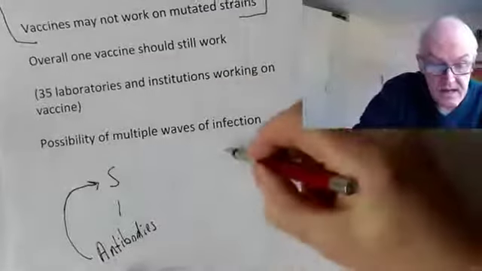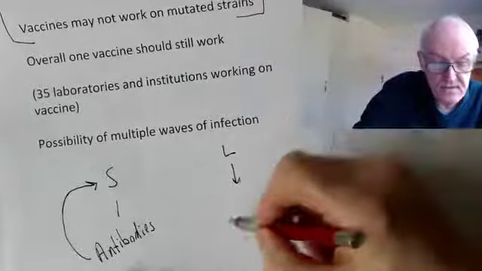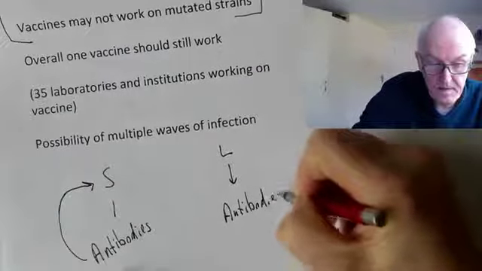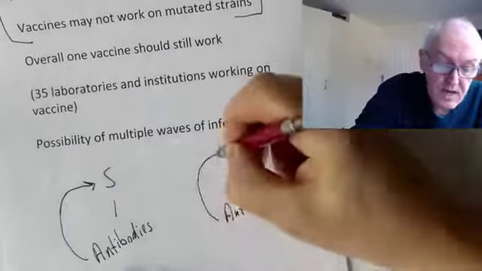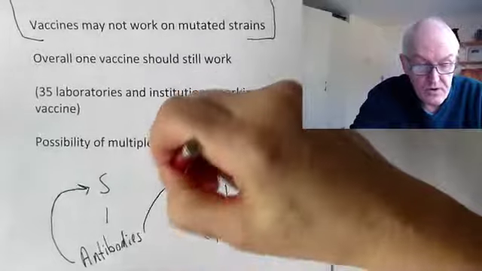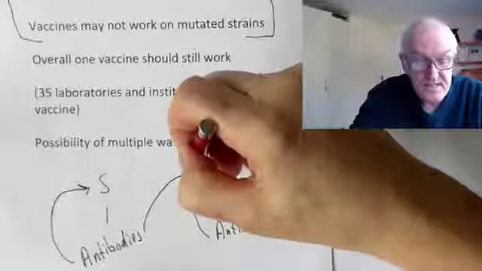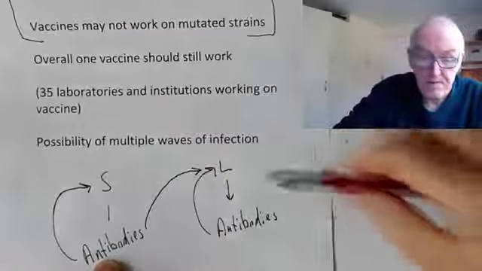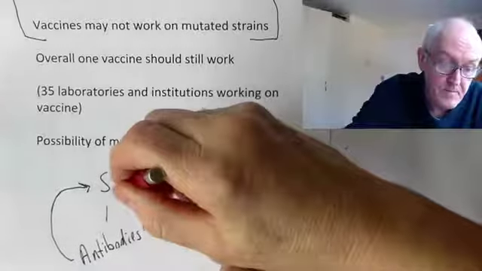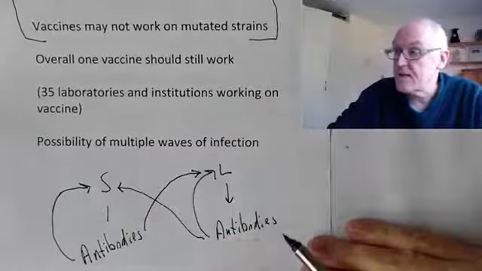But then the L type might have slightly different antibodies, which will make you immune to the L type. But what is less clear at the moment is if these antibodies will give you cross immunity. If the antibodies to the S type will give you L type immunity, or if the antibodies to the L type will give you S type immunity. That's currently unclear.